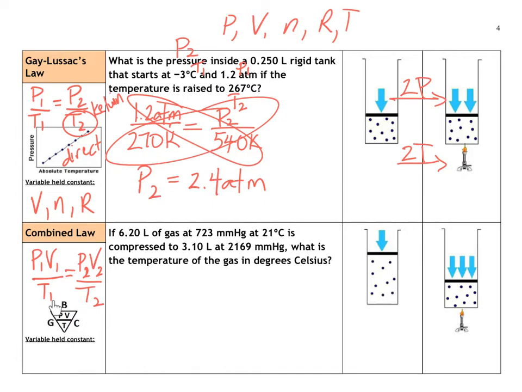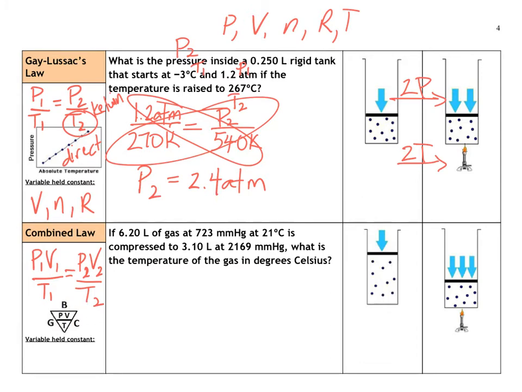This little triangle helps us to remember which gas name goes with which gas law. So if you look at the combined gas law together, PV over T, if you situate P on top, it's pressure and volume. V over T is Charles' law. P over T is Gay-Lussac's law. So this is a little mnemonic to help us to remember.